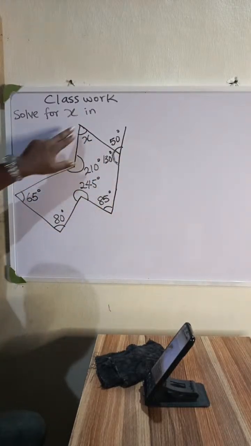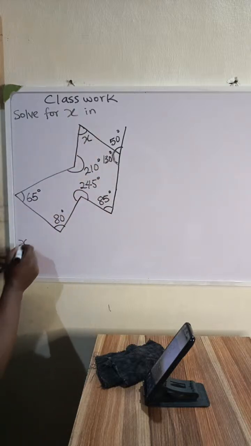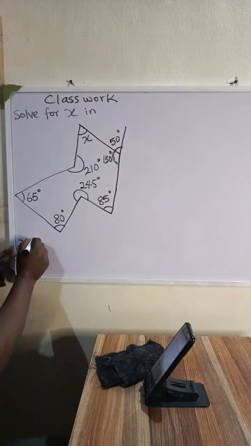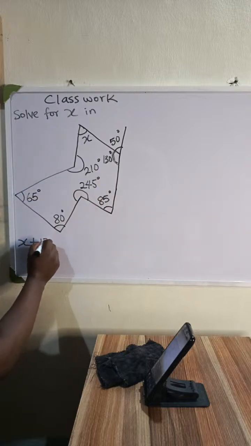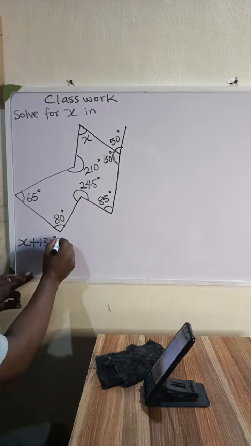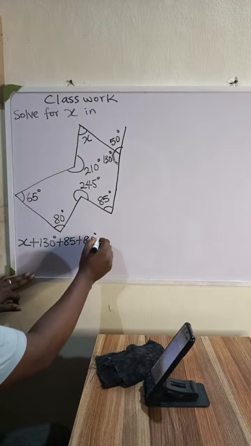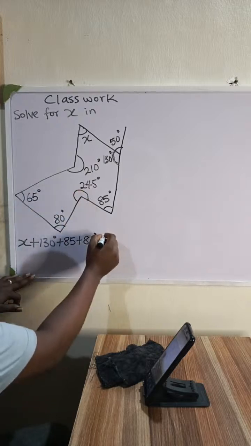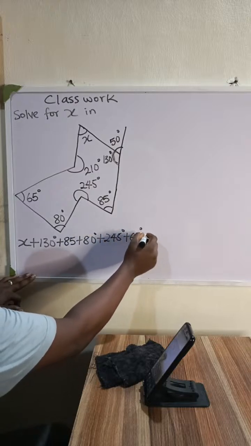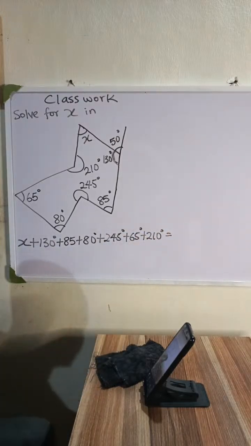The next thing we can do now is to add all the interior angles. So x plus 130 degrees plus 85 degrees plus 80 degrees plus 245 degrees plus 65 degrees plus 210 degrees is equal to, what's the sum of angles in a hexagon?